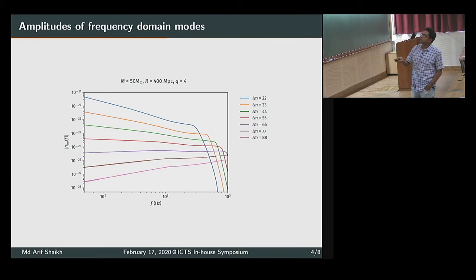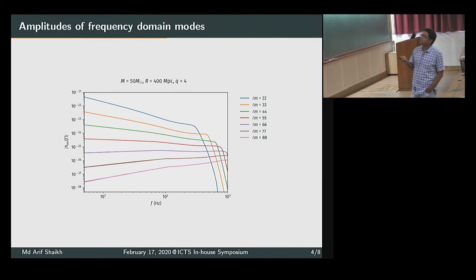So if we want to detect, let's say, the 8-8 mode, then the sensitivity of the detector has to be very high. Another thing is that these higher order modes enter the LIGO band much earlier. So if we want to detect eccentricity, then we have to model these waveforms with some non-zero eccentricity.